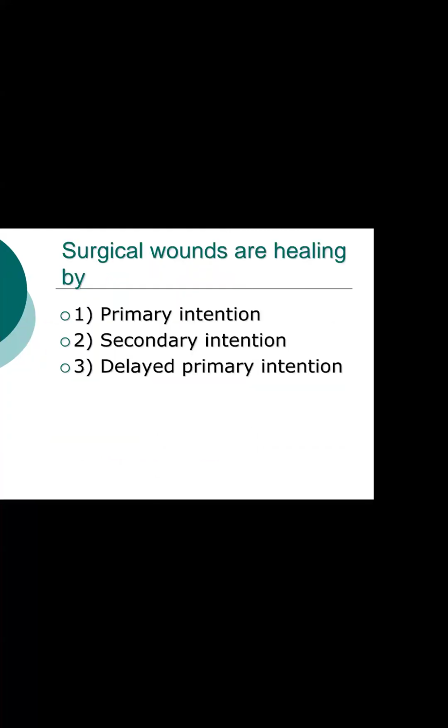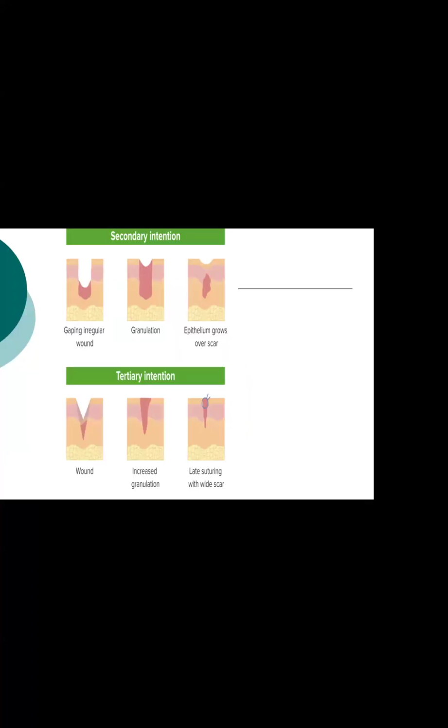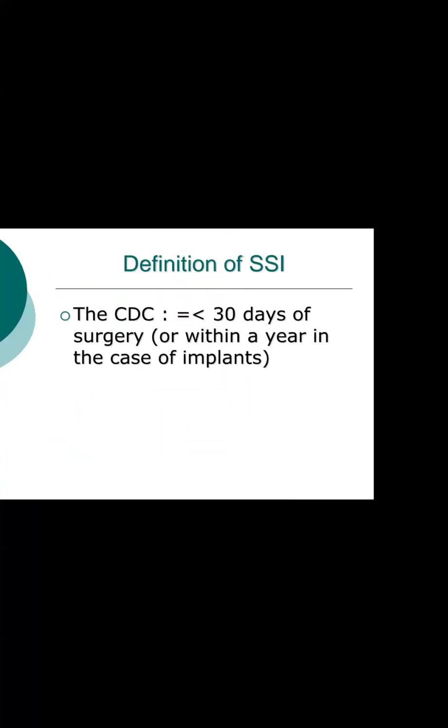Primary intention, secondary intention, and delayed primary intention. These are how surgical wounds heal. As we discussed earlier, CDC guidelines say within 30 days of surgery, or within a year in case of implants.